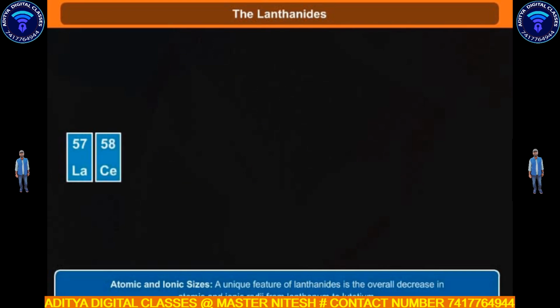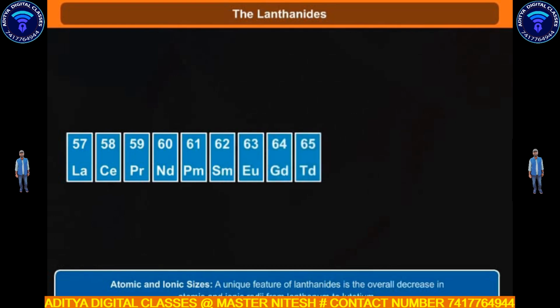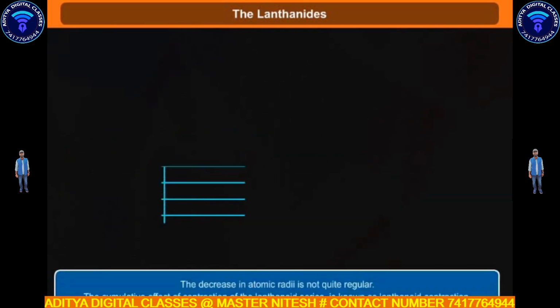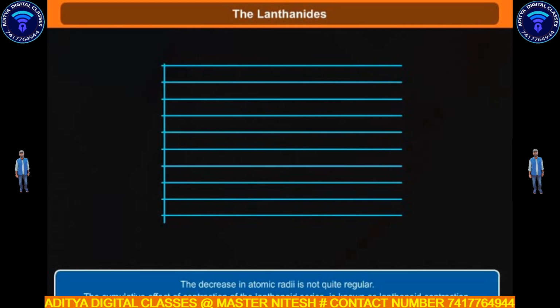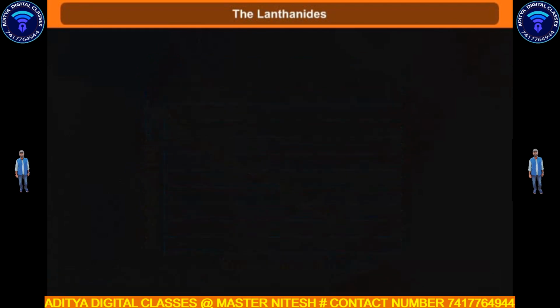Atomic and ionic sizes. A unique feature of lanthanides is the overall decrease in atomic and ionic radii from lanthanum to lutetium. The decrease in atomic radii is not quite regular. The cumulative effect of contraction of the lanthanide series is known as lanthanide contraction.